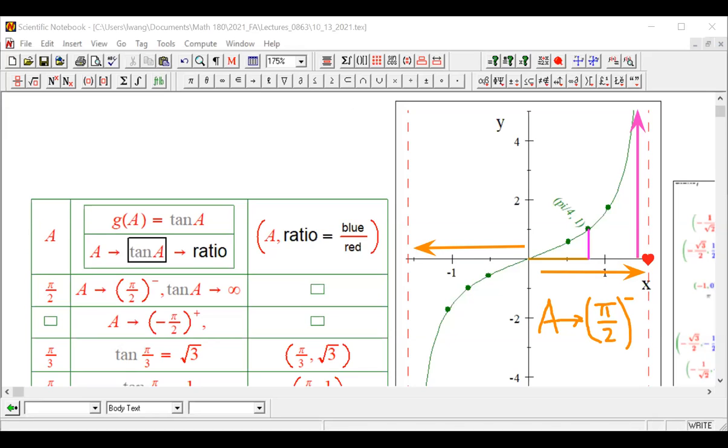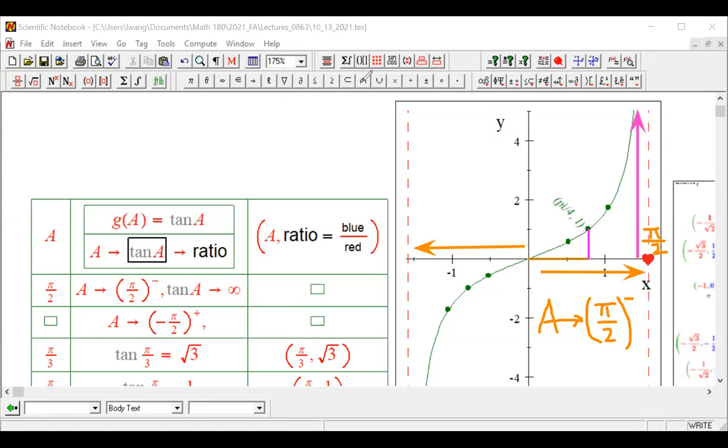Okay, that's pi over 2. You guys follow me? So we're coming from the left. So we're coming from the smaller side. Are you guys with me?